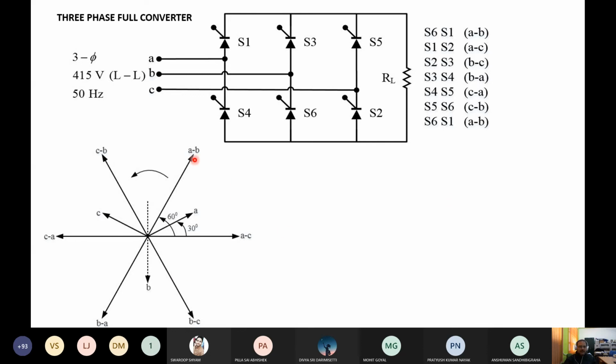And this is just seen here. This phasor represents the 3-phase waveform. This line voltage is leading the phase voltage by 30 degree. And this is the reference, so it is 60 degree, and for phase voltage it is 30 degree.